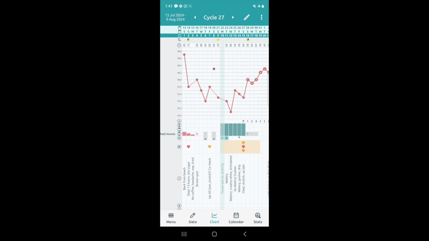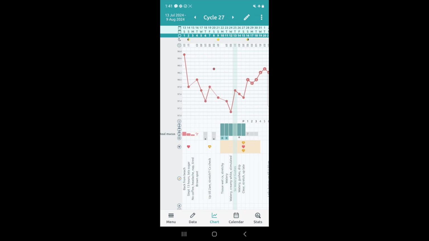You can see the dotted lines there, but I have at least 4 within the last 6 days. So I can accurately draw a cover line, and then I find the highest temp within those 6 days. So that would be cycle day 13, which is 97.7. And then I would draw my cover line 0.1 degrees above that. So it would be 97.8.